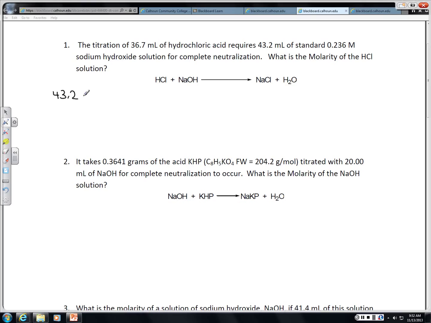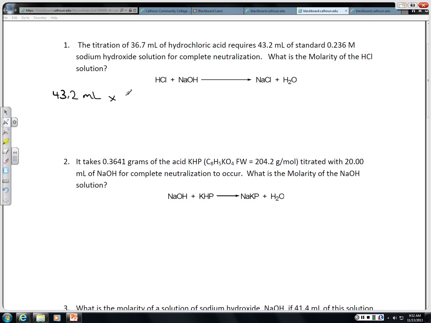Okay, so we take our volume. Okay, so if we have milliliters and we have the molarity, if we take volume times molarity, what does that equal? If we rearrange our molarity equation. Moles or millimoles, right? Okay, so here we're in milliliters, so we're just going to stay in milliliters.